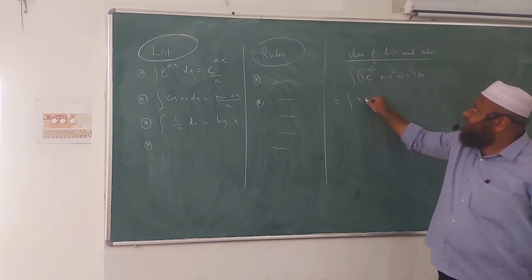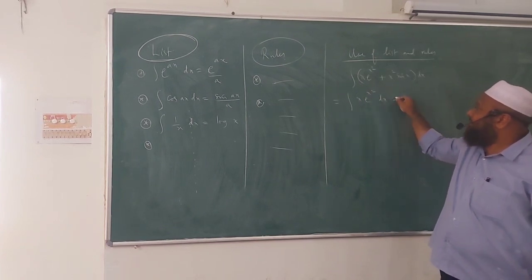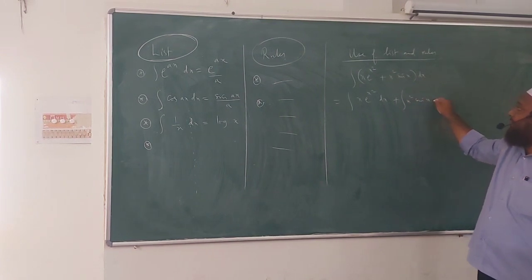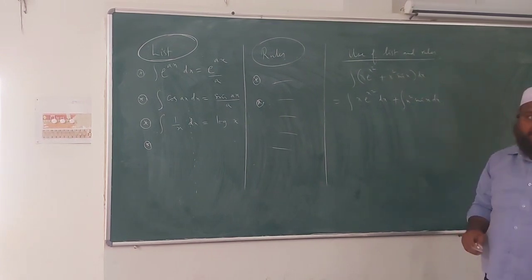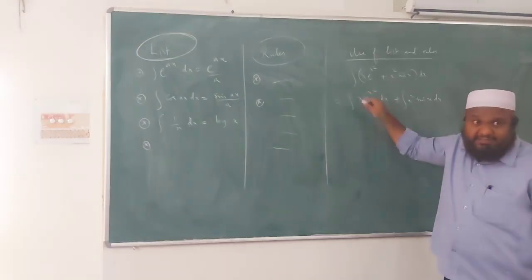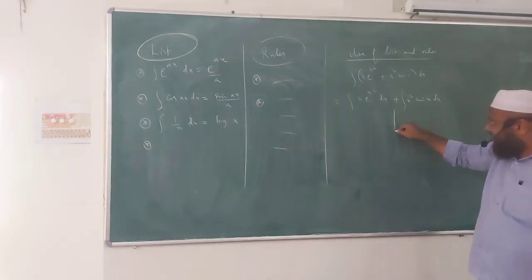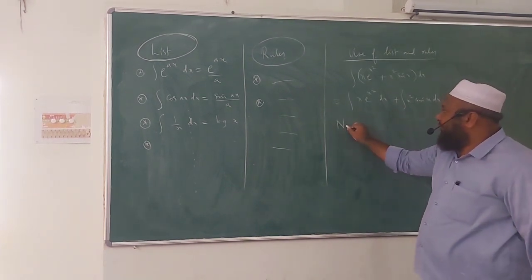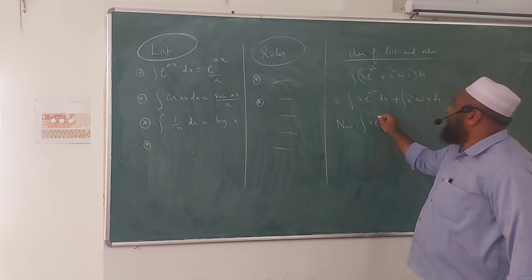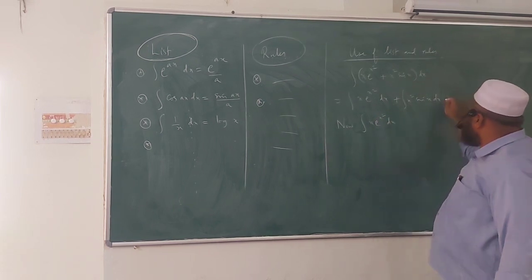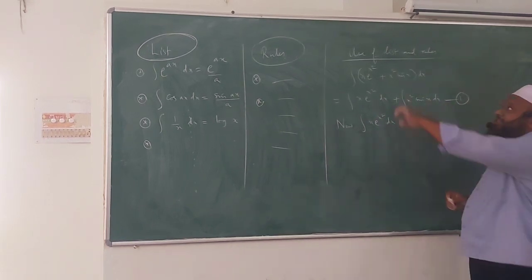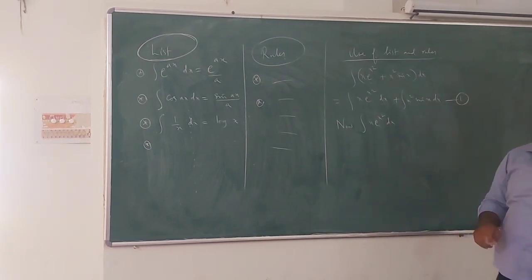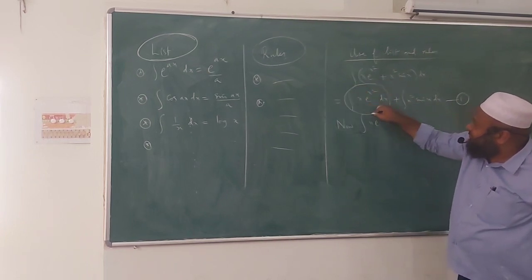Integral x into e to the power of x square dx plus integral x square into sin x dx. Then these are to be calculated separately. Now integral x into e to the power of x square dx, you give as equation number 1. Means this integral is the sum of two integrals. That is equation number 1. Let us calculate only this part now.